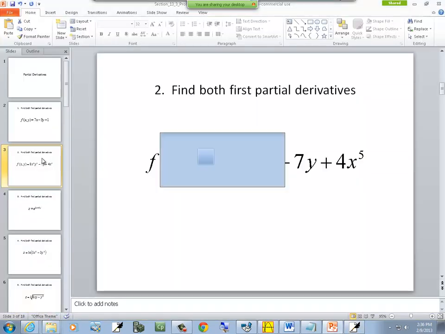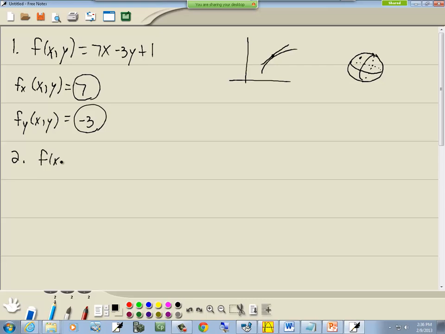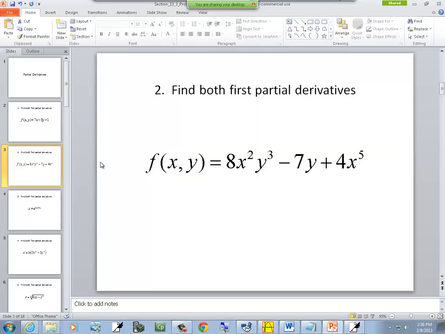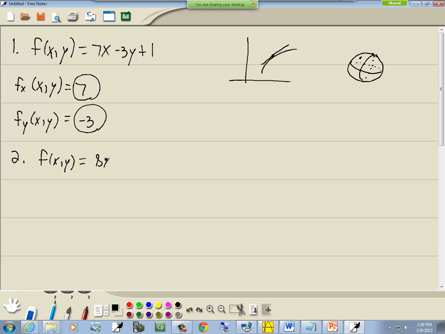Okay, so here we have f of x, y equal to 8x squared y to the third minus 7y plus 4x to the fifth. And we're going to take the partial derivative with respect to x.